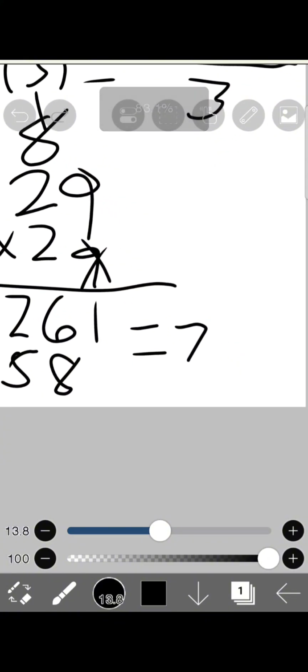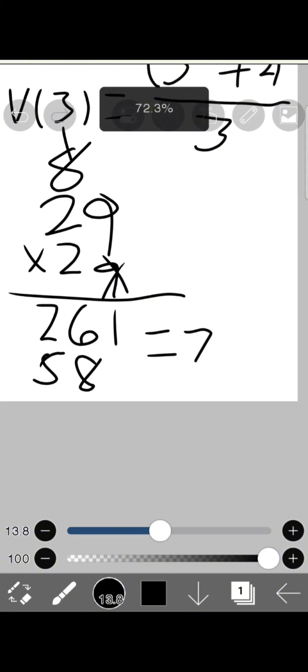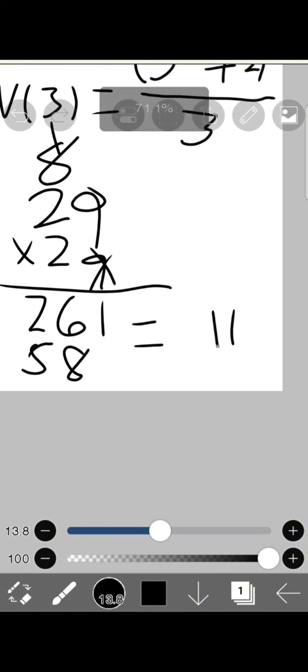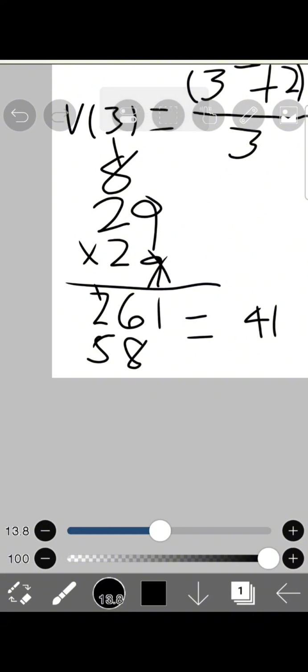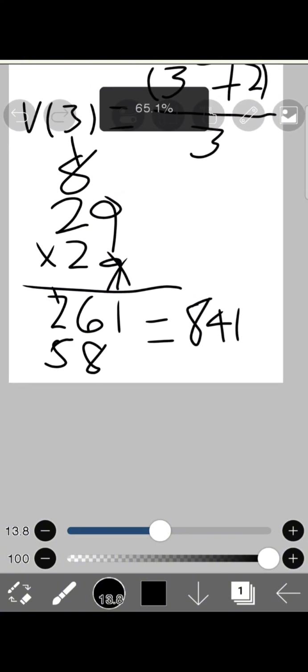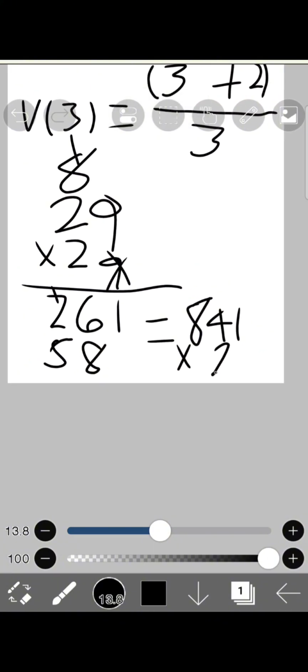Okay, 14. So we have 841. And then times that by 29. I'm not going to make the video any longer because I have low storage. So that's 24,389.